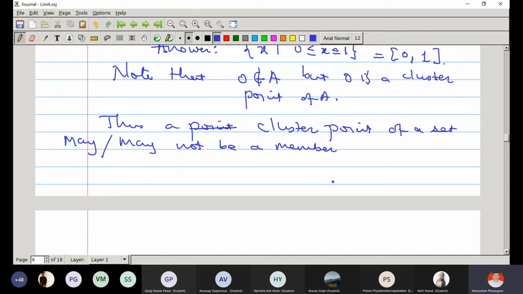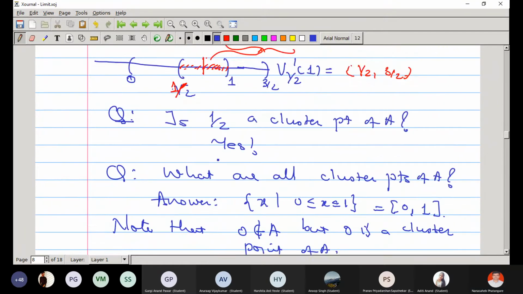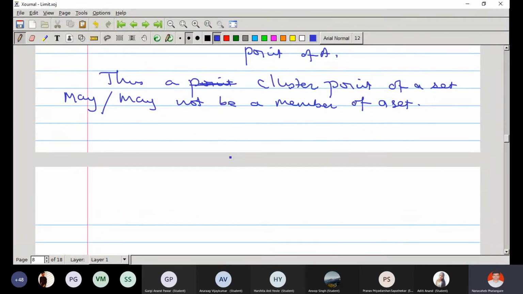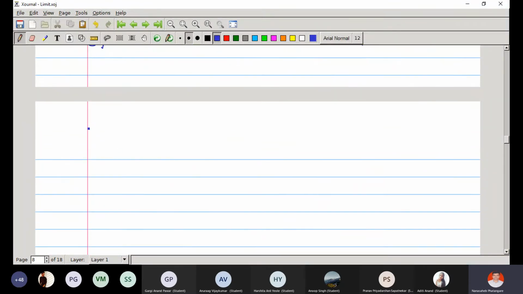Because for example, half is a member of the set and is also a cluster point. So this last sentence is clear: a cluster point may be or may not be a member of a set, right? Yes, sir. Okay. So now you understand what a cluster point is.